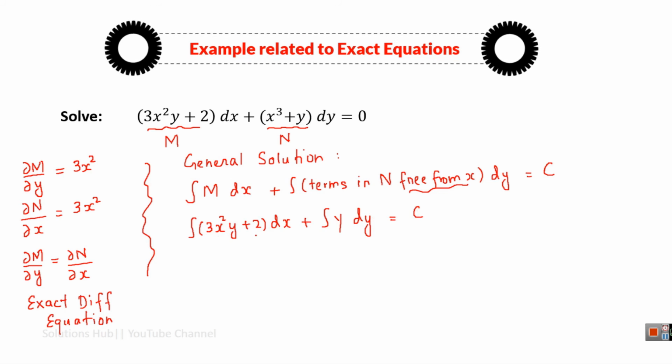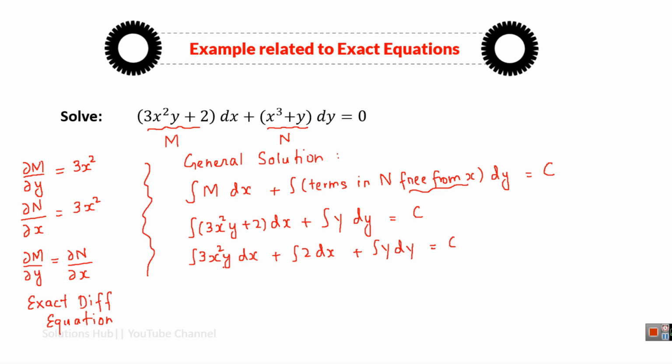Now we have to integrate these two terms. So I am separating the integral over here. That is, this will become the integration of 3x square y dx plus the integration of 2 dx plus the integration of y dy, equals some constant c. So for the integration of the term 3x square y with respect to x, 3y will be treated like a constant, and the integration of x square will be x cube over 3, and 3 will get cancelled out.